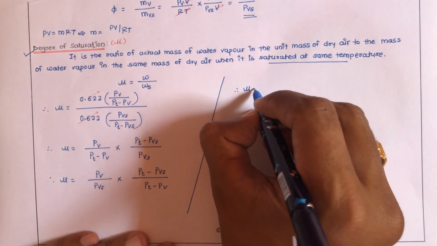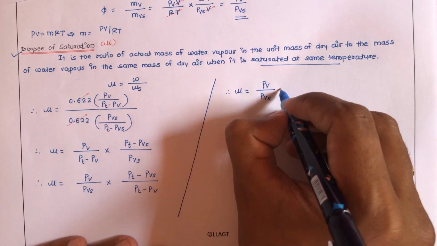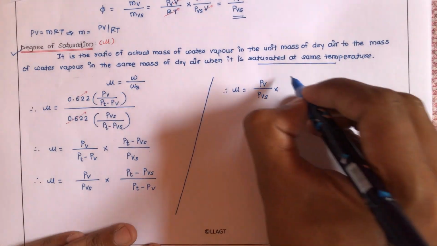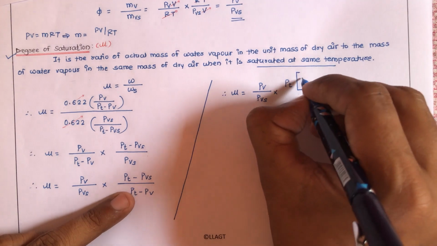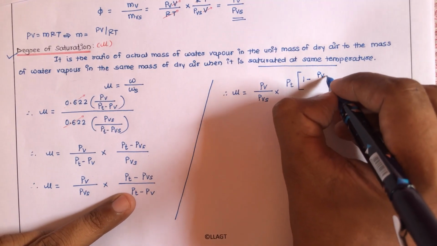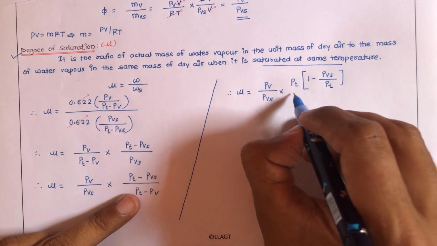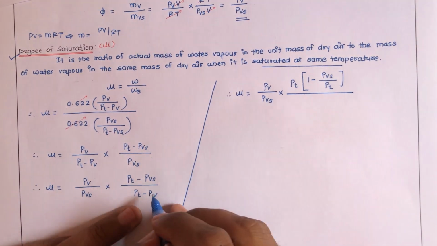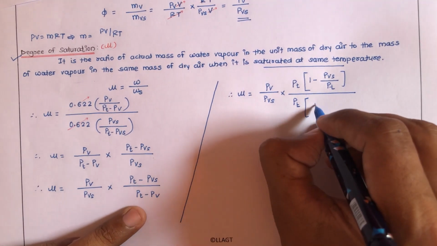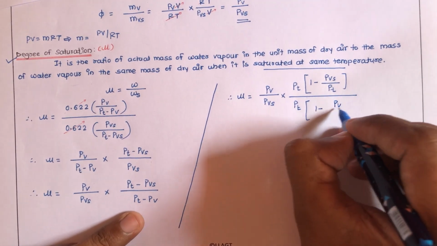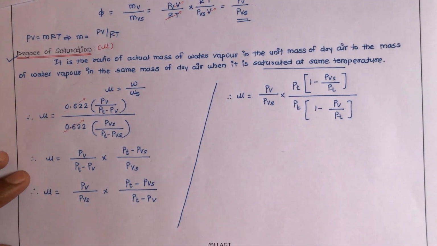Therefore mu is equal to, first we will keep this as it is, multiplied by, from here we are going to take Pt common, then inside the bracket what will I get? 1 minus Pvs upon Pt, divided by, from the denominator also we are going to take Pt common, then what will I get? 1 minus Pv upon Pt. Now check which things we can cancel.